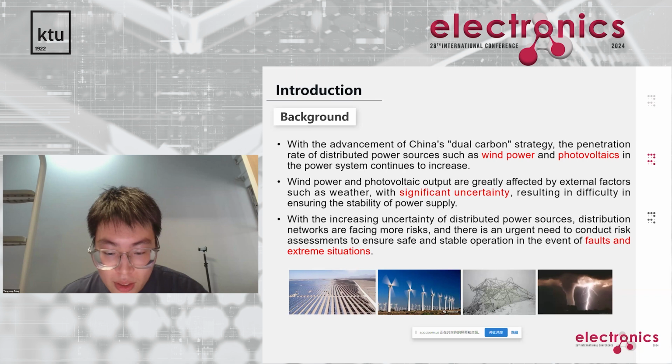With the increasing uncertainty of distributed power sources, distribution networks are facing more risks, and there is an urgent need to conduct risk assessment to ensure safe and stable operation in the event of faults and extreme situations.